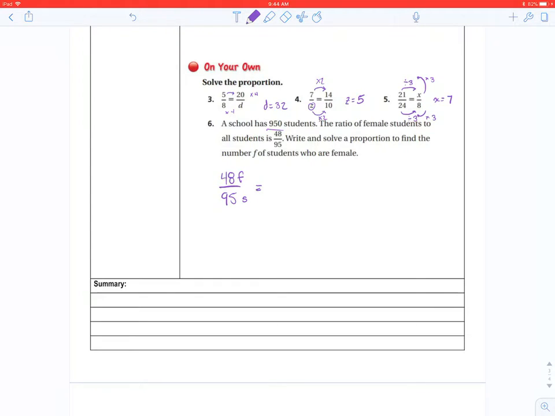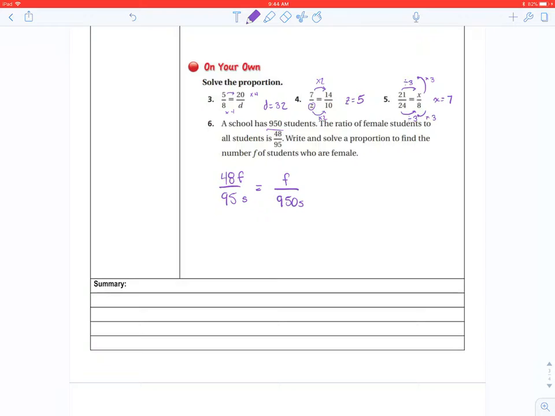So that means that we can set up a proportion where the total number of students is 950, and we're being asked to determine how many female students there are. Well, as you can see here, we can also solve this one out mentally. So just because there's big numbers doesn't mean you need to get into that mental block. We've talked about getting out of that mental block that we can't do it.